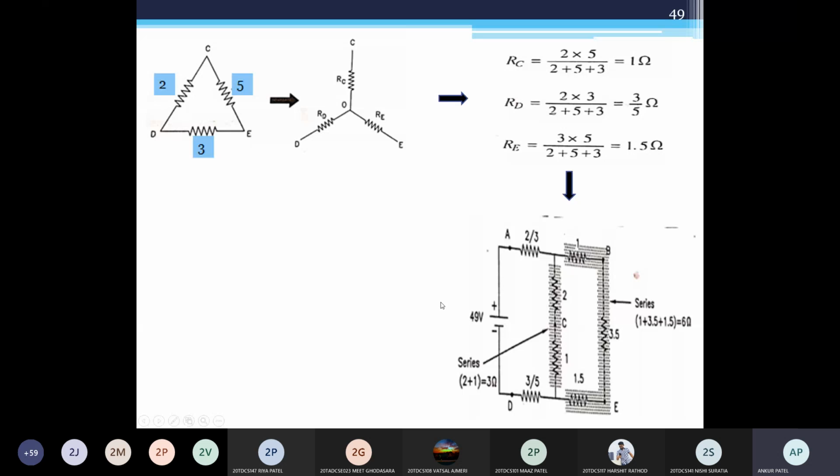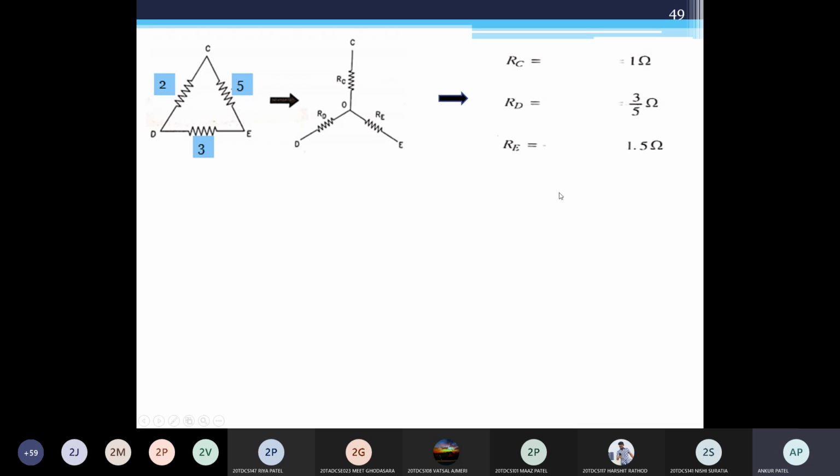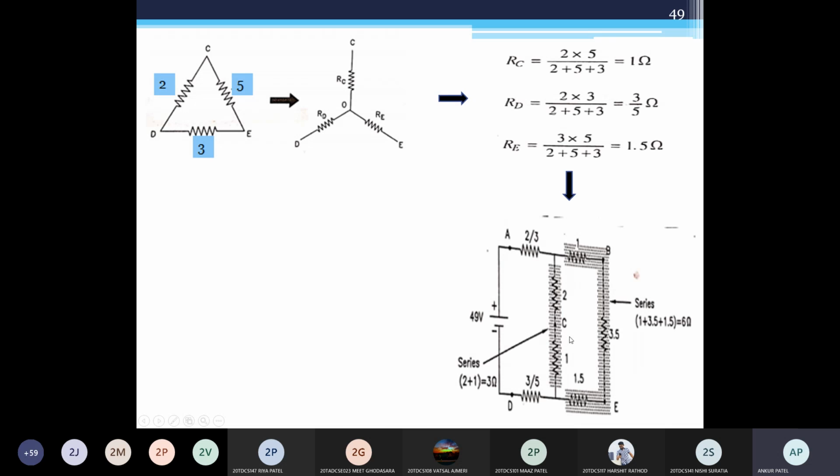And 3.5 is already given, so in the diagram you can see 3.5. So the delta is arranged: two resistors are connected and one downward, then again two resistors on one line and one resistor upward. So that is your star to delta conversion, and 3.5 is already given.